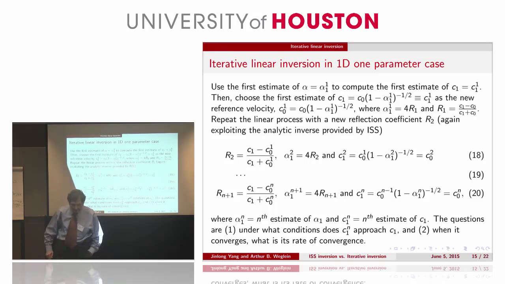So now we're looking at iterative linear. Use the first estimate of alpha 1 to compute a first estimate of the velocity. Call it C11, yes?